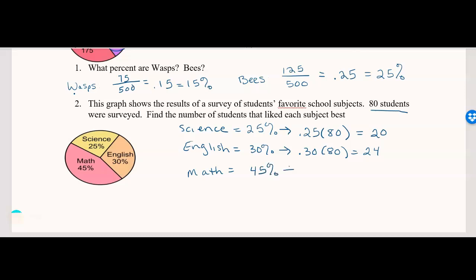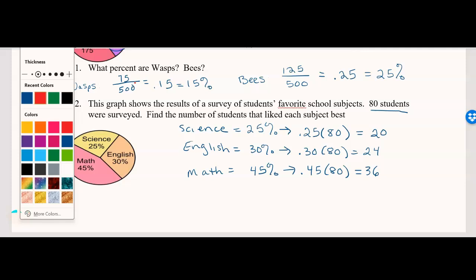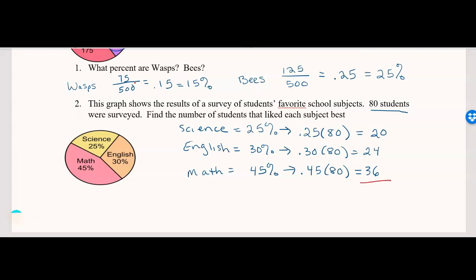And we want to convert that now as a decimal times 80. Take 0.45 times 80, and we get 36. Now, you can always check, by the way. You can always check to see that we got the right answer. This should add up to 80, and it does. So we were able to calculate and break it down by student number.